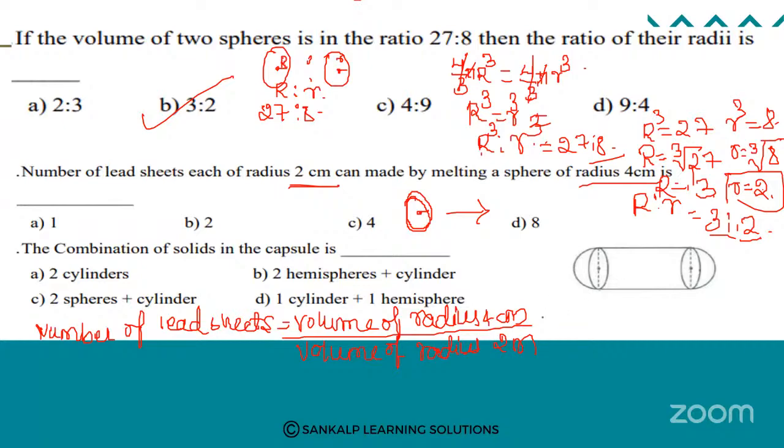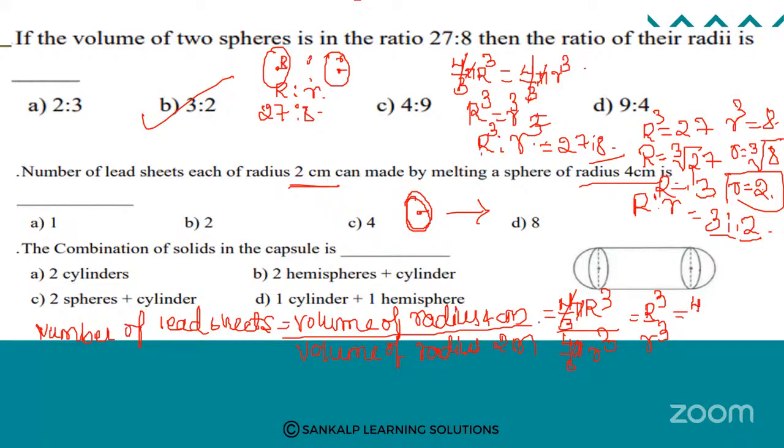So the volume of the sphere of radius 4 centimeter, here it is a sphere, so the volume of the sphere is 4 by 3 pi r cube, and it is converted into 4 by 3 pi, consider it is a small r cube, right? 4 by 3 and 4 by 3, pi and pi will get cancelled. So you will get R cube divided by r cube. Now, what is the value of R here?